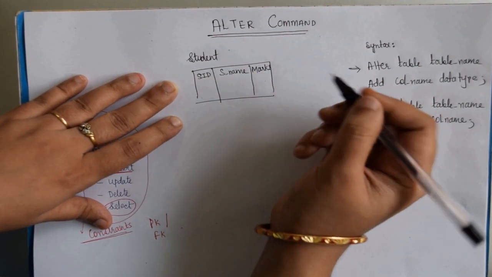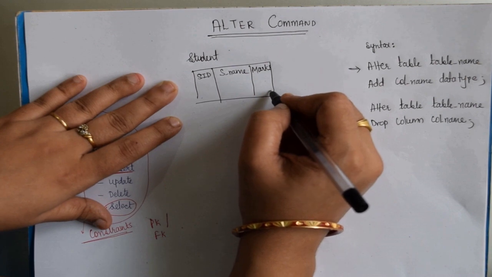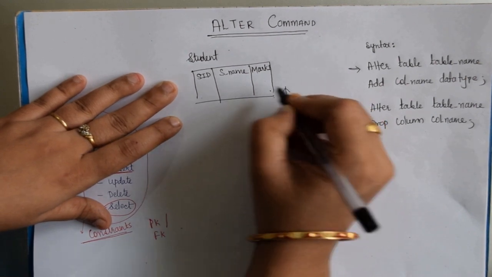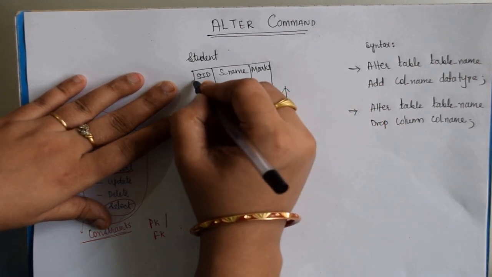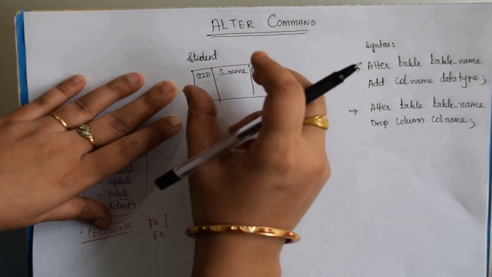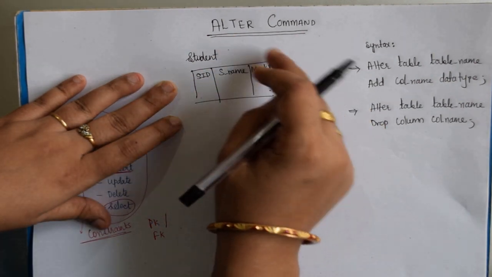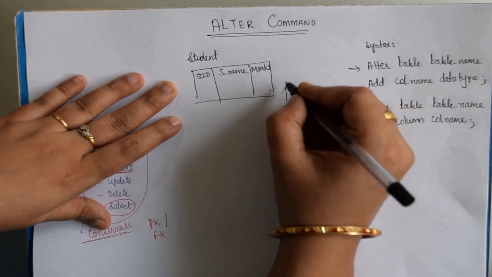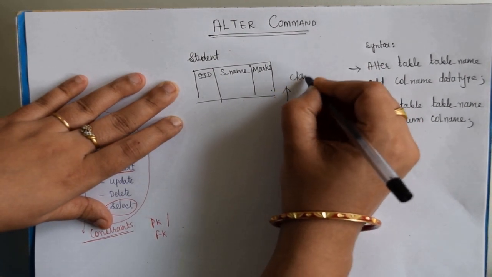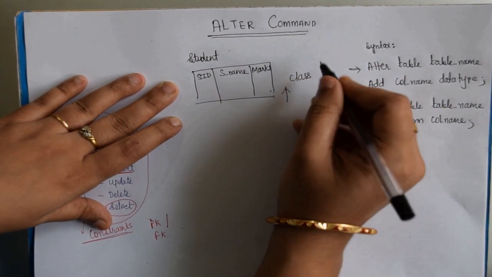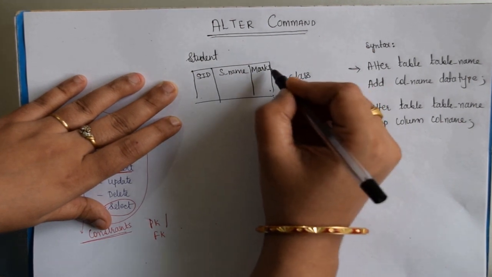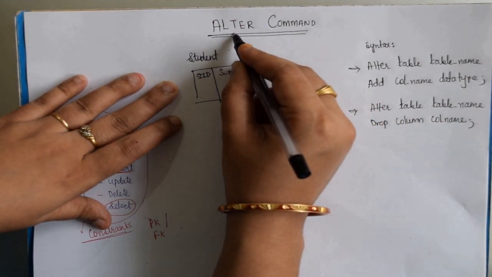Now if you want to add one more column in this student table, I have student table, it is already there, existing table. Then in the existing table if you want to add one more column, say class. So to add column in an existing table we require alter command.